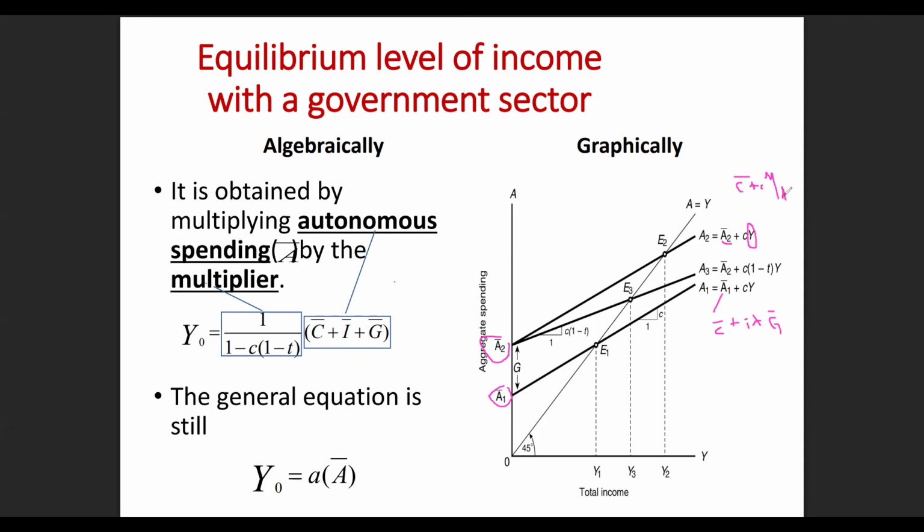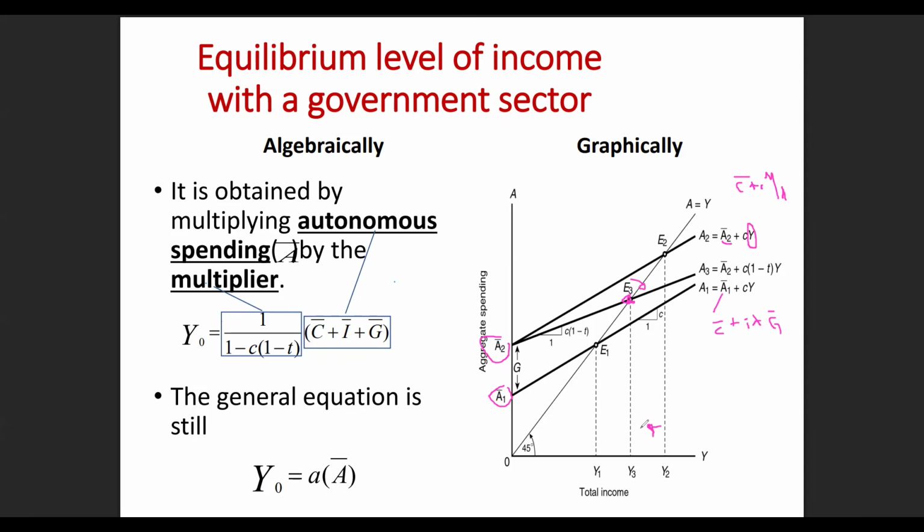To show now that this is YD, they said 1 minus T times Y. And then we said that taxation reduces the size of the multiplier, hence the graph is going to now shift downwards like that, right? So the equilibrium now becomes E3, and our income now decreases.